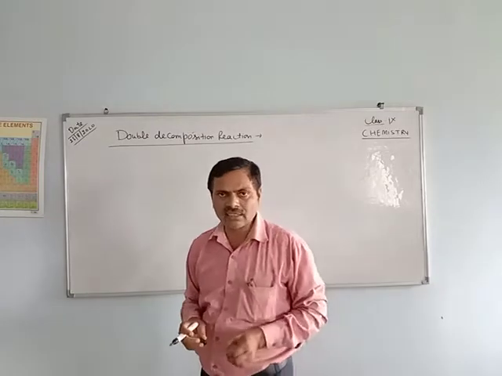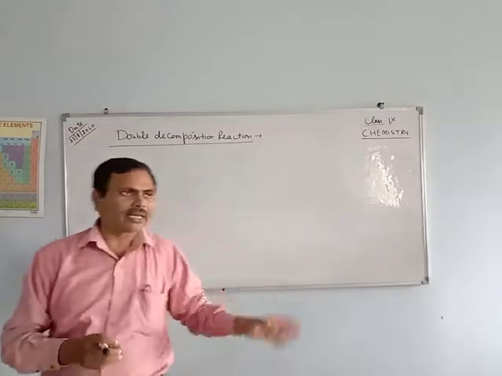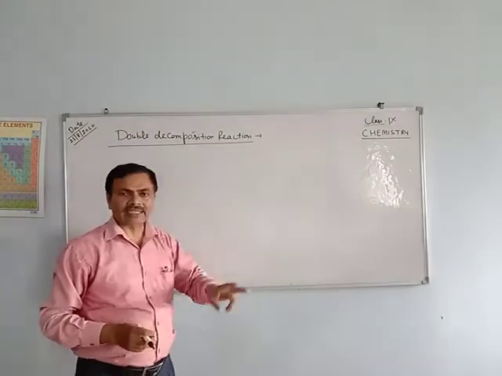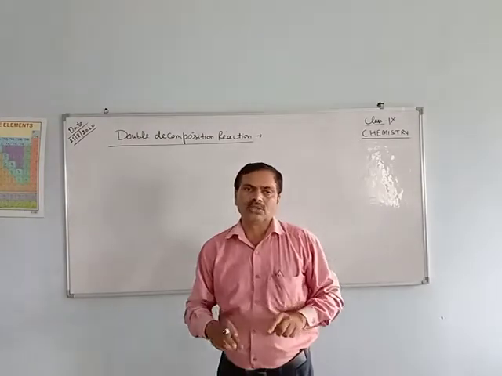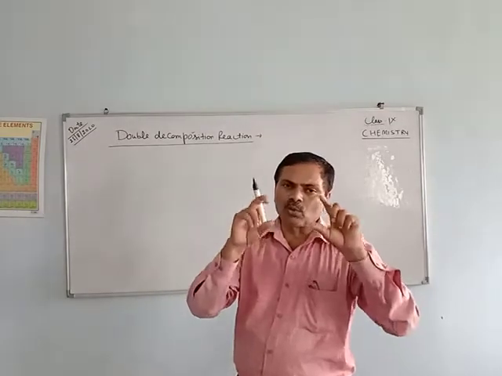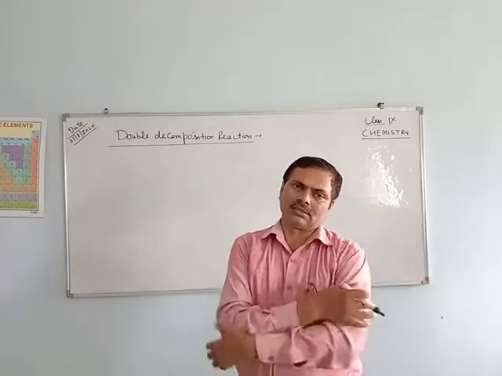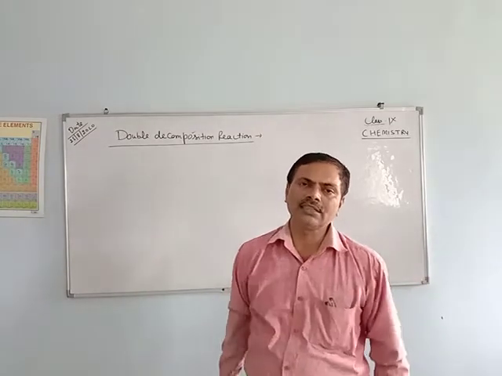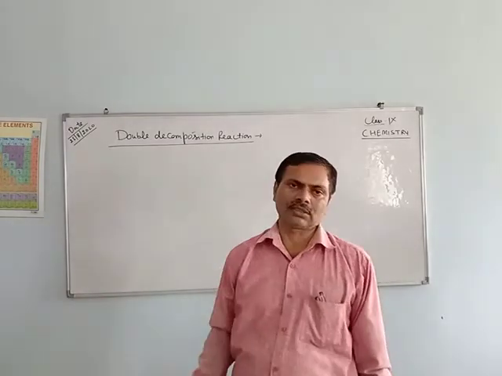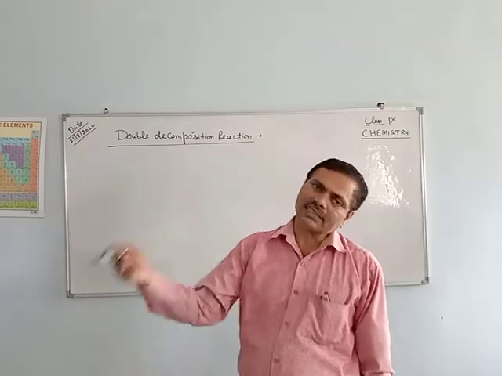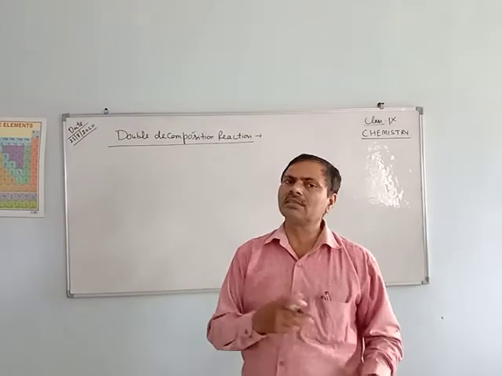It is essential for the double decomposition reaction that the reactants must be 2, and both reactants are decomposed and form 2 new compounds by exchanging their radical or ion.